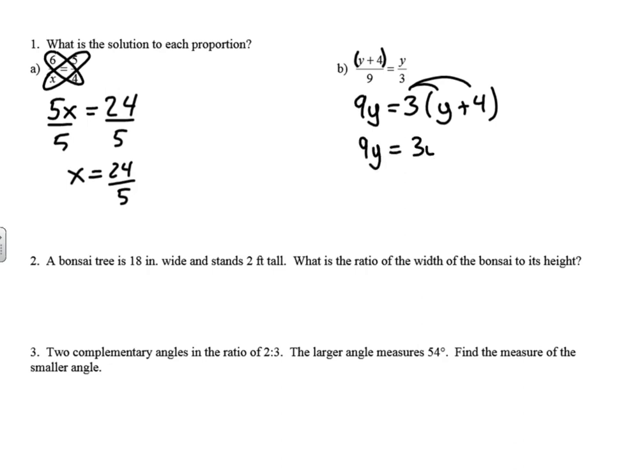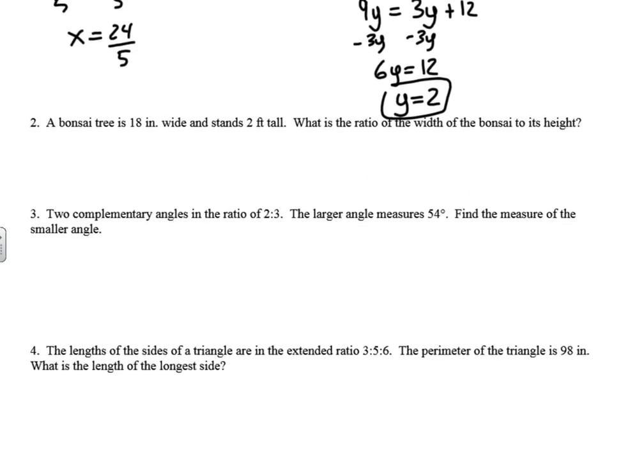So 9y equals 3y plus 12. If we subtract 3y, we get 6y equals 12, divide by 6, and y equals 2. Those are just some examples of this.